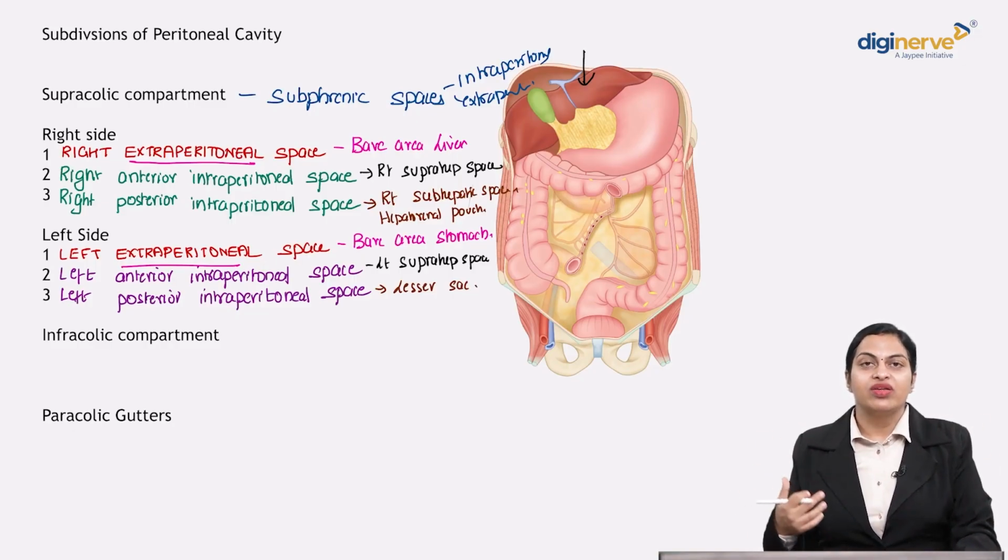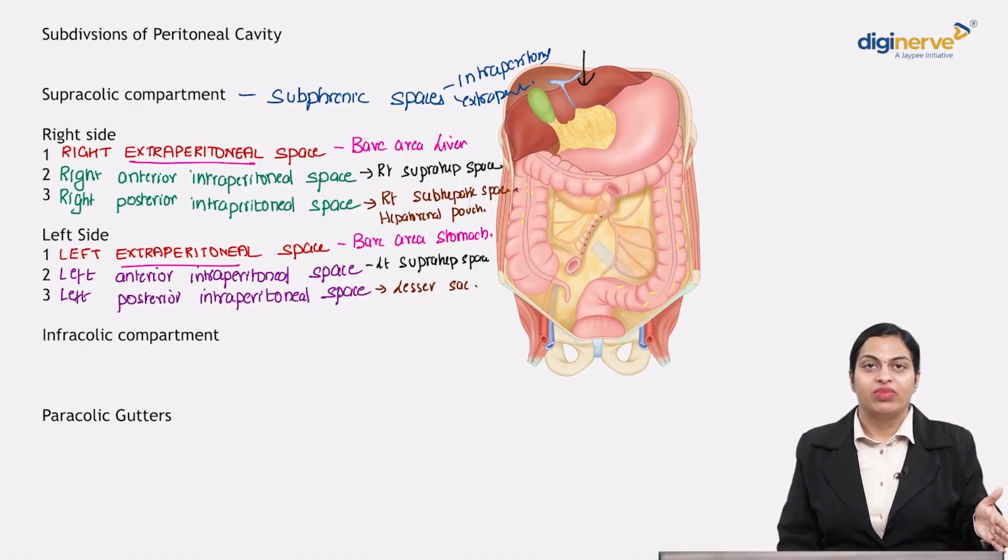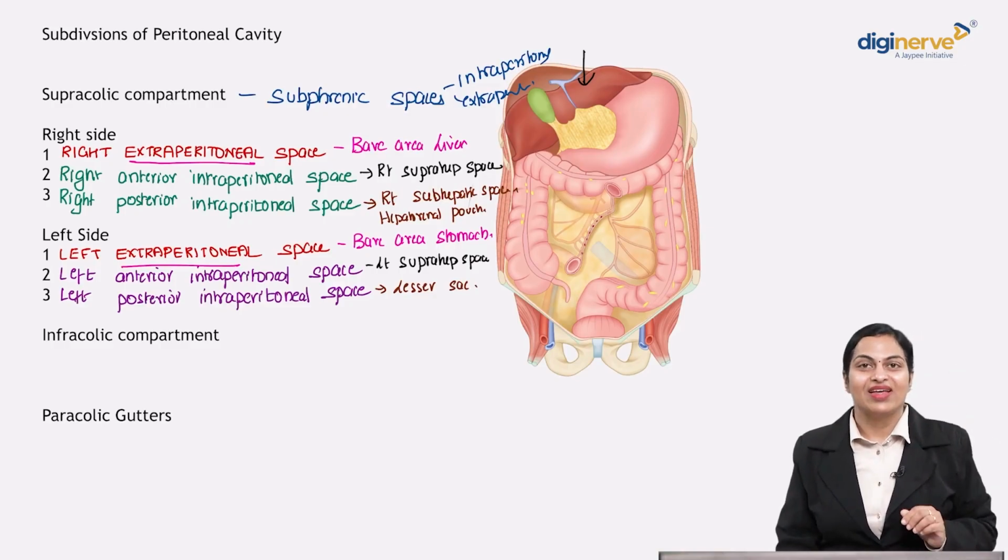On the right, we call the anterior one the right suprahepatic space, and the right posterior one is the right subhepatic space. On the left, it will be the left suprahepatic space, and it lies to the left of the falciform ligament related to the left lobe of the liver. And the left posterior intraperitoneal space is nothing but the lesser sac. Easy?